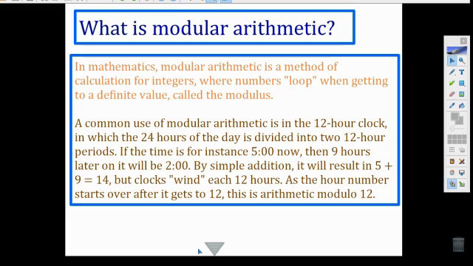So we can now see that when we are at 5 o'clock and we add 9 hours to it, the clock will revolve around and come back to 2 o'clock. So this concept explains what we mean by modular arithmetic.